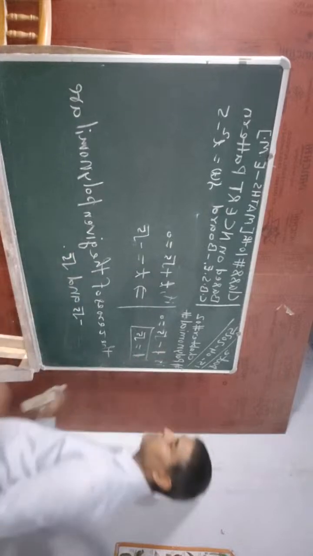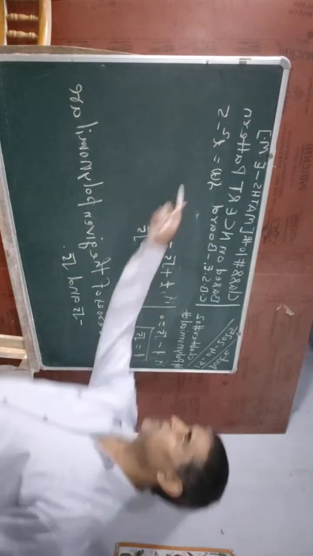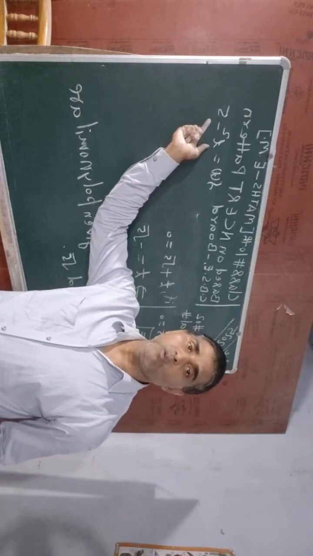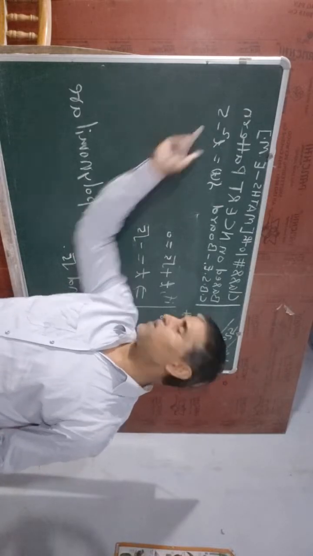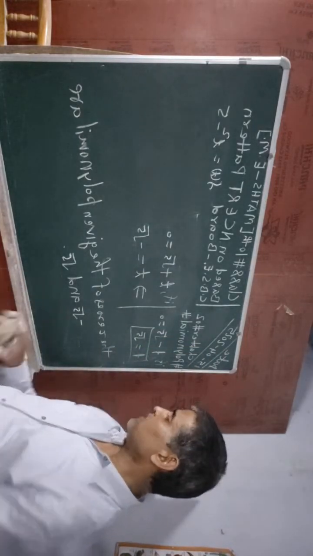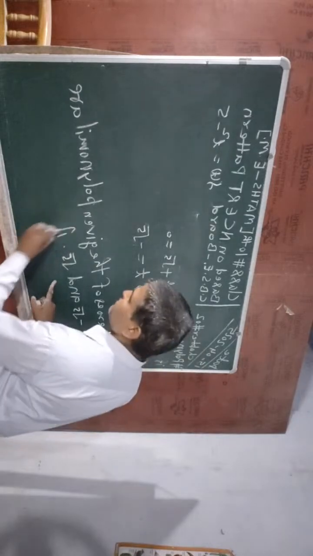Okay student, it means that this polynomial will cut the x-axis at two different points. One point will be minus root 5 and the other point will be root 5. Okay student, now one answer is completed.